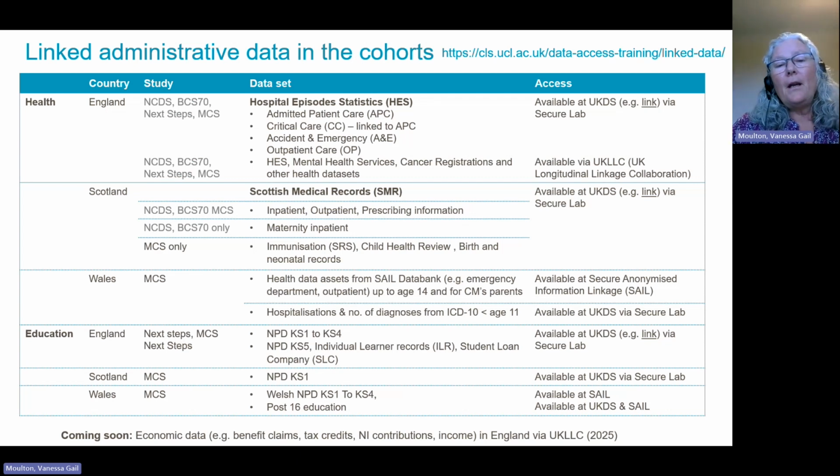And in health, there's also health data assets in Wales, which are available from the secure anonymised information linkage. Also education attainment and other records are available for the younger cohorts. And coming soon, we have economic data in England via the UK longitudinal and linkage collaboration.